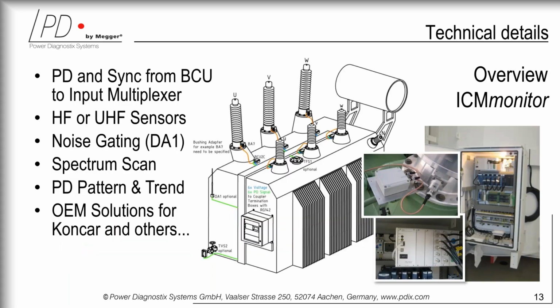So how do we deploy such sensors? If you look at the entire transformer, you see that at the top we have the bushings, and there we have the capacitive tap, for which we have designed special fittings. We have a variety of such bushing fittings.